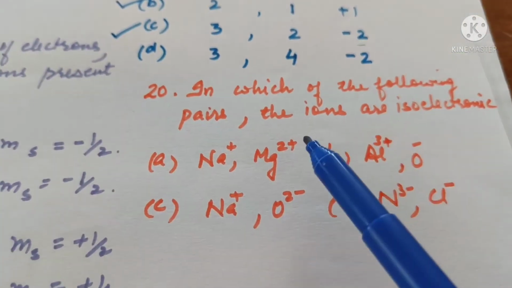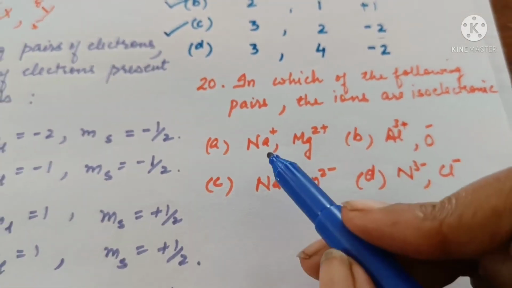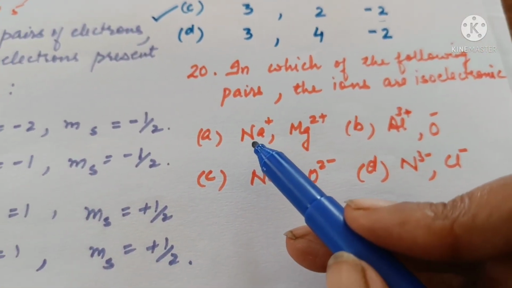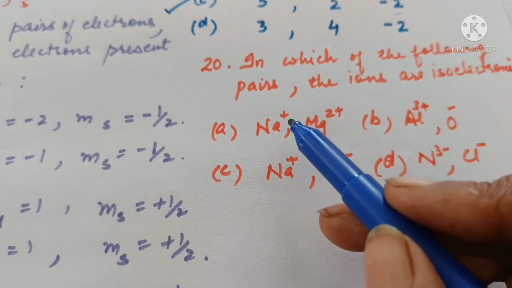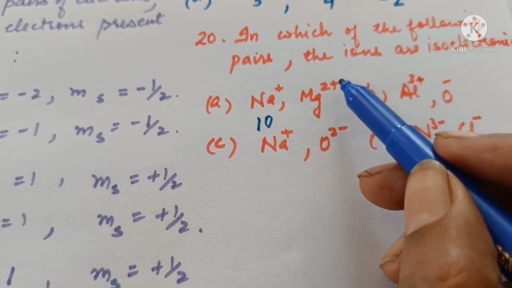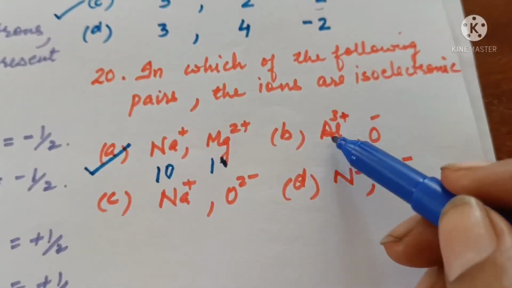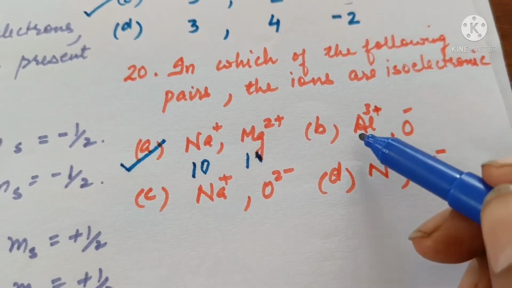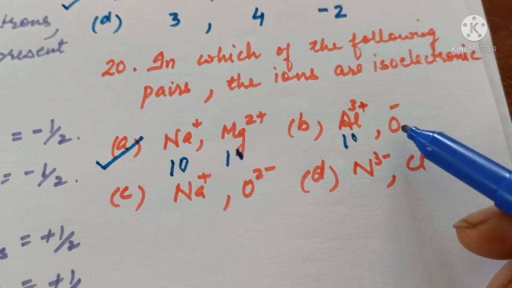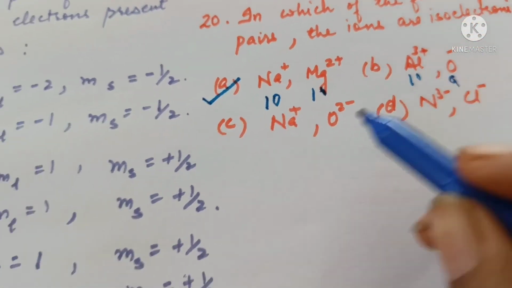In which of the following pairs are the ions isoelectronic? Let us find the number of electrons. Sodium is 11, but with 1 positive charge it has 10 electrons. Magnesium 12 with 2 positive charge, 10. So this is isoelectronic. Aluminium 13 with 3 positive charge means 10 electrons, and oxygen 8 with 1 negative charge means 9 electrons.